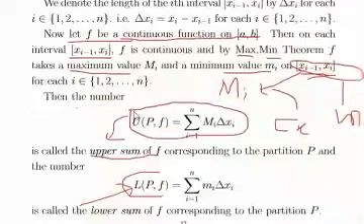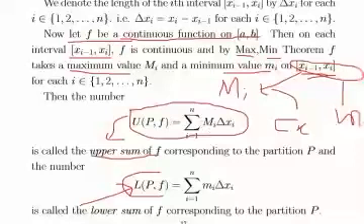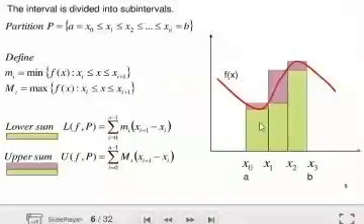So we define the upper sum of f corresponding to this partition P, which is given by this. You remember that. So this is the upper sum. Now consider this interval [a, b]. You split that interval into three subintervals, 1, 2, 3, right?